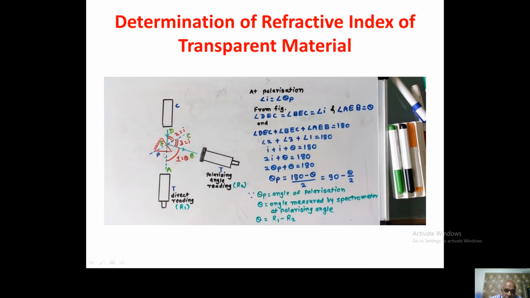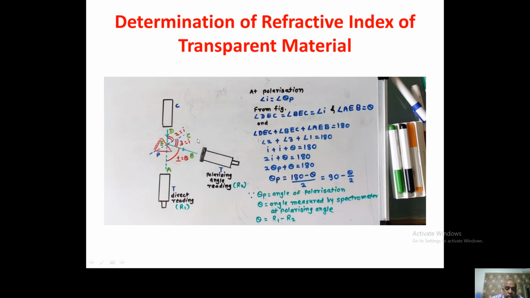Now the position A is for direct reading. Here is the telescope for the direct reading, and that direct reading is considered as R1, and this is the position of the telescope for the polarizing angle.